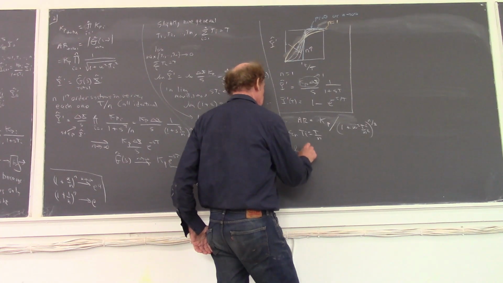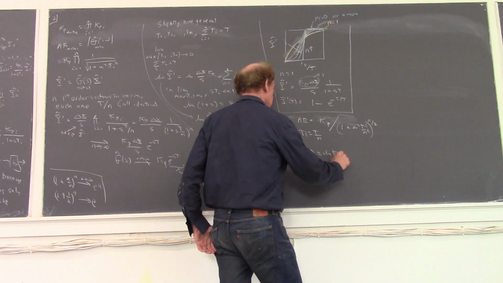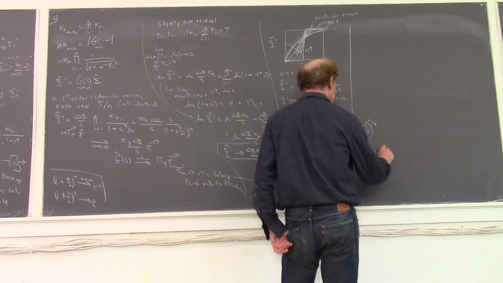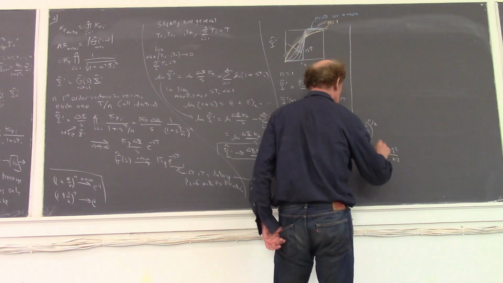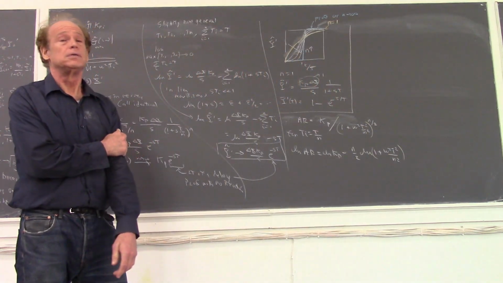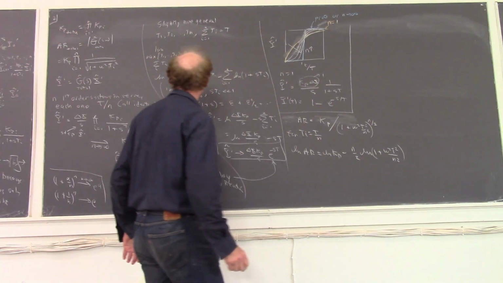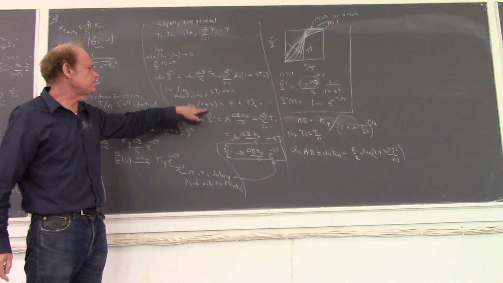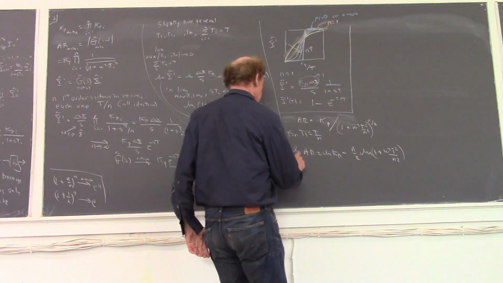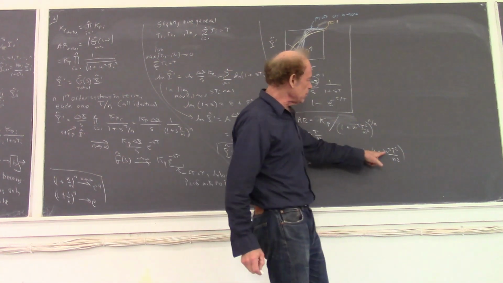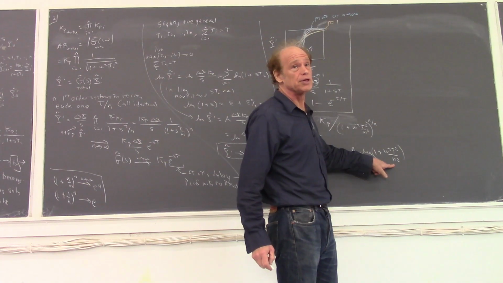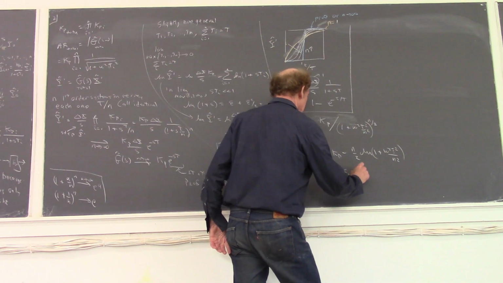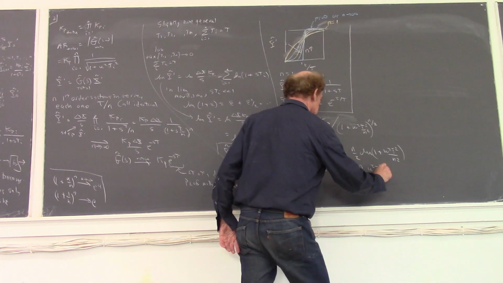So now if I look at the log of the amplitude ratio, that's the log of Kp minus n over 2 times the log of 1 plus omega squared T squared over n squared. Now as n goes to infinity, when n gets large, then I can use this expansion. So when n gets large, then eventually omega squared T squared over n squared gets small compared with 1, in which case this goes to log Kp minus n over 2 times omega squared T squared over n squared.